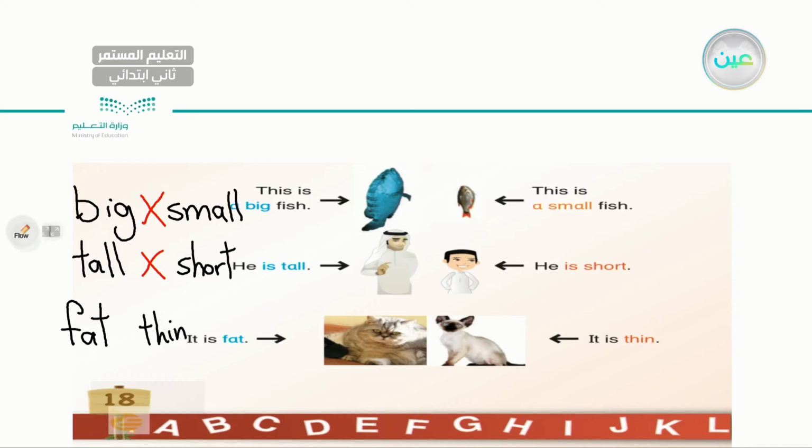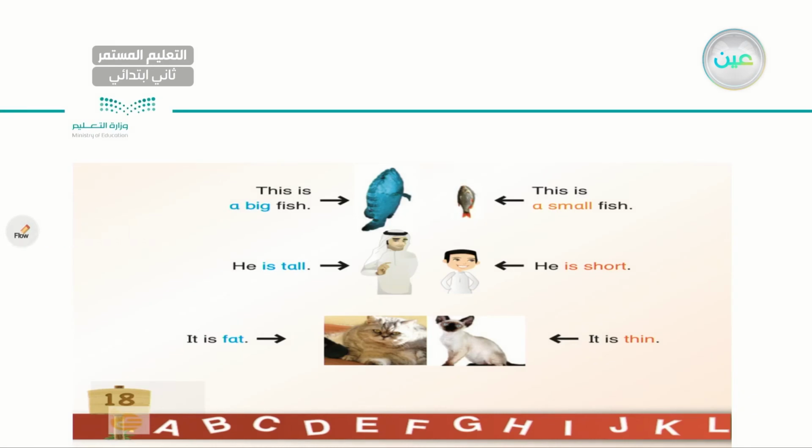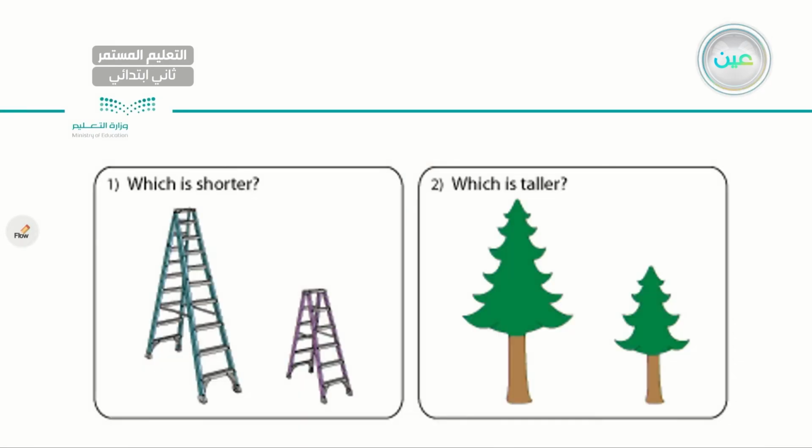So here I have fat and thin. Very good, my dear student. Now, let me check your understanding by having more exercises. Here I have 2 ladders. Which one is shorter? So I have a short ladder, and which is the purple one.